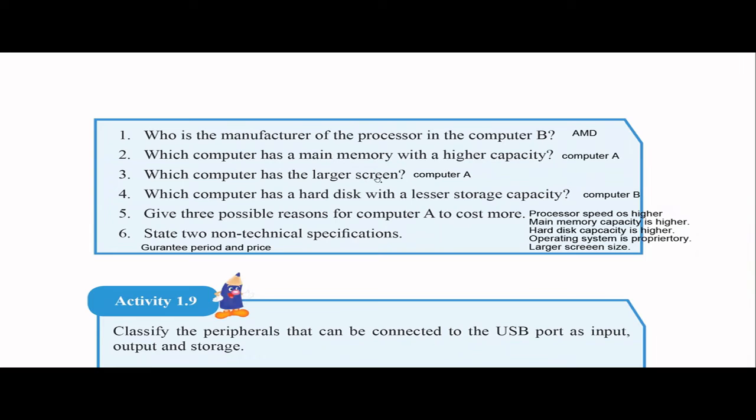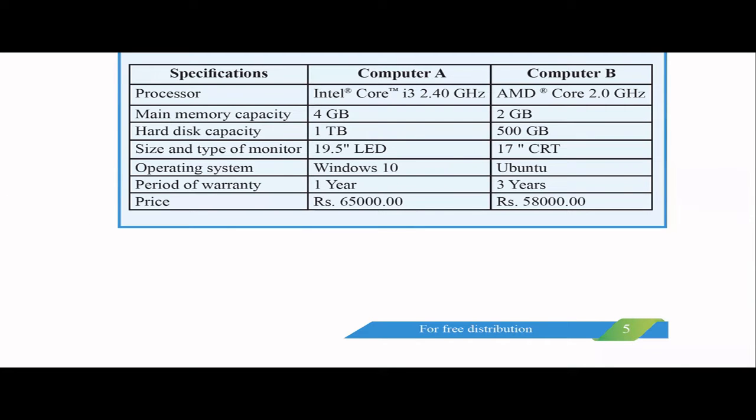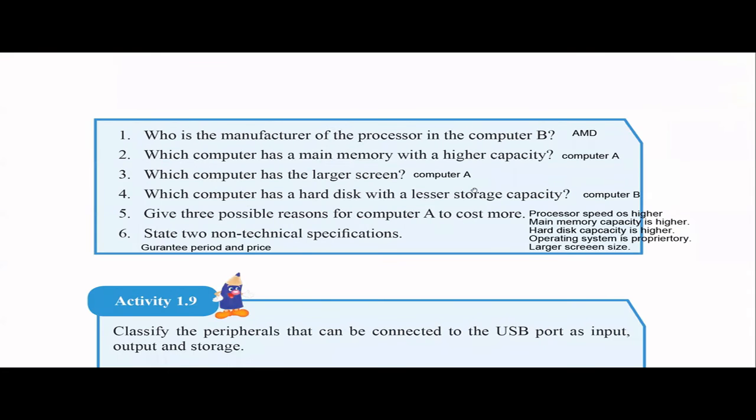Which computer has the largest screen? This is 19.5 inches. This is just 17 inches. So computer A has a larger screen. Which computer has a hard disk with lesser storage capacity?